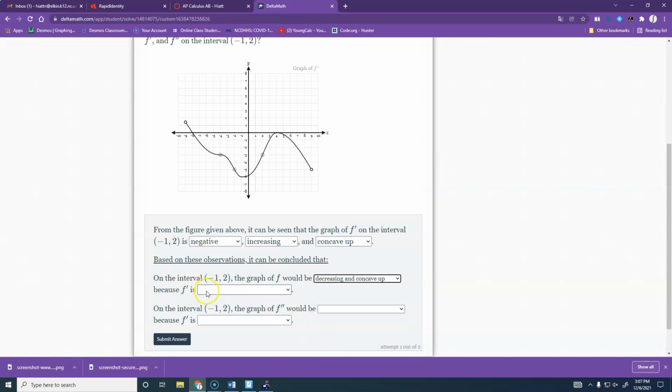Because f prime is negative and increasing from -1, which is right here, to 2. And then f double prime would be positive, because f prime is increasing.